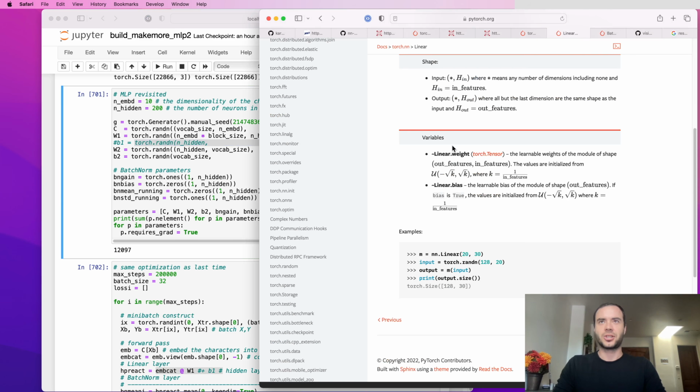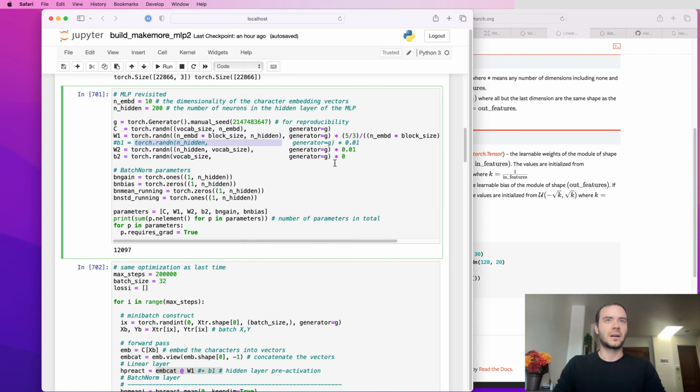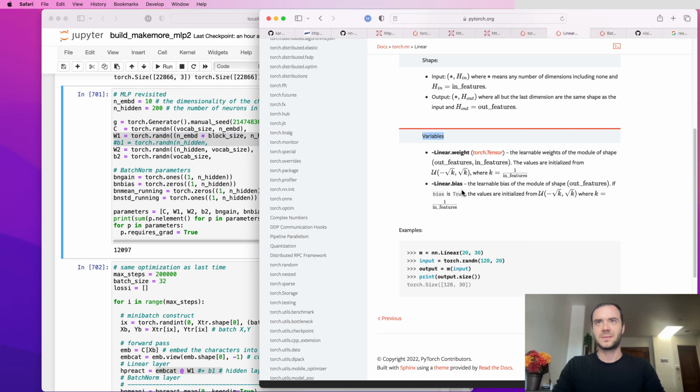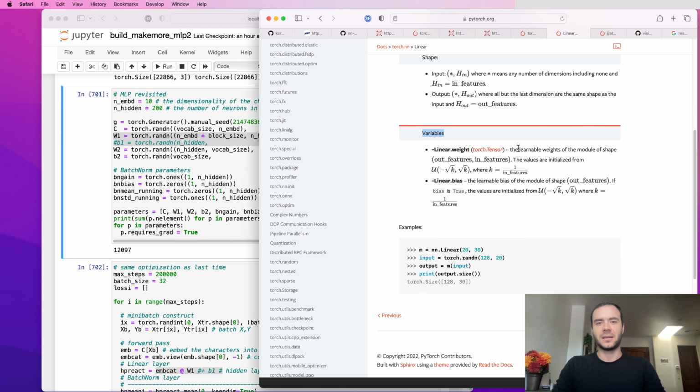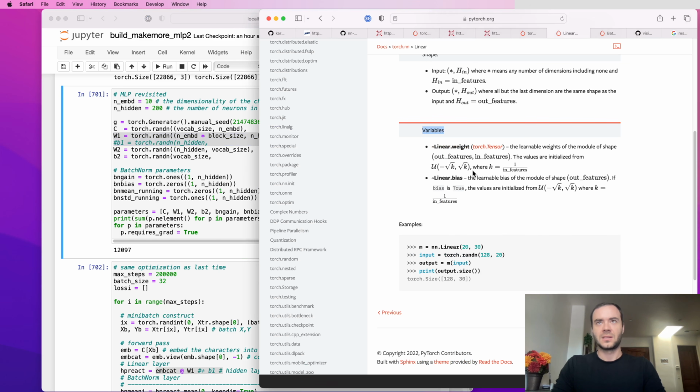Now, in terms of the initialization, if we swing down here, this is reporting the variables used inside this linear layer. And our linear layer here has two parameters, the weight and the bias. In the same way, they have a weight and a bias. And they're talking about how they initialize it by default. So by default, PyTorch will initialize your weights by taking the fan-in and then doing 1 over the square root of fan-in.